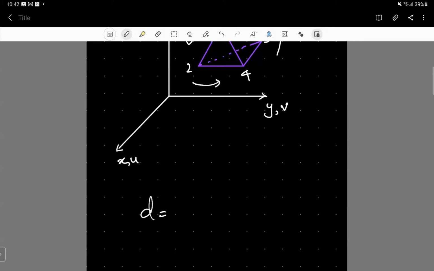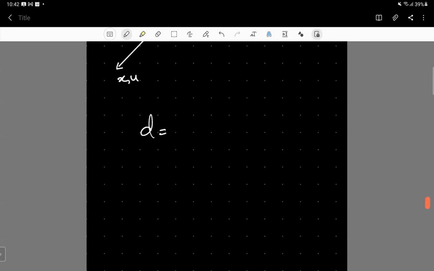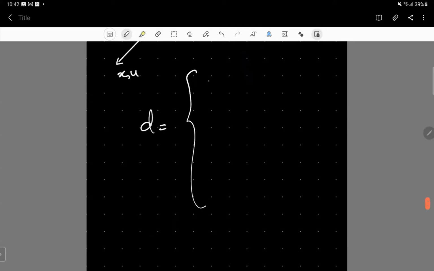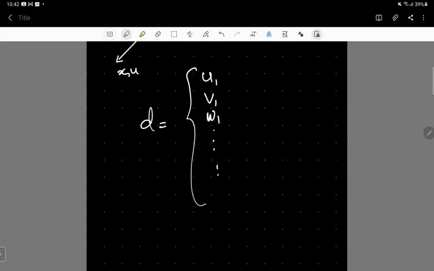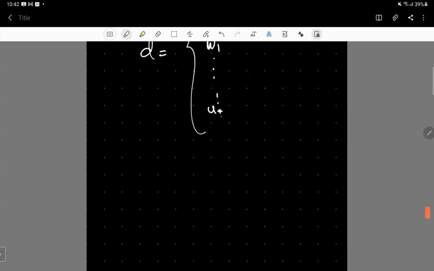Each node has 3 degrees of freedom in the X, Y, and Z direction. So our displacement matrix would look like this: U1, V1, W1, all the way up to U4, V4, and W4.